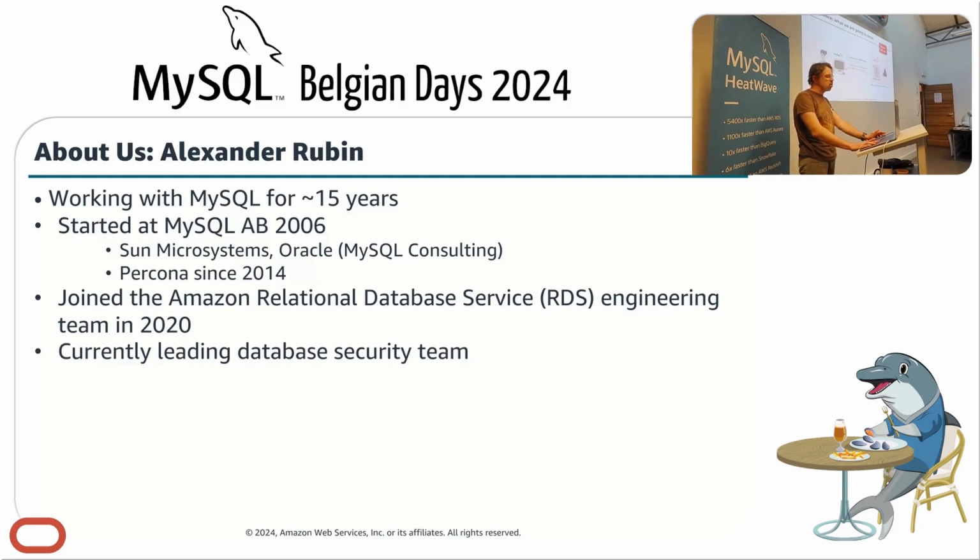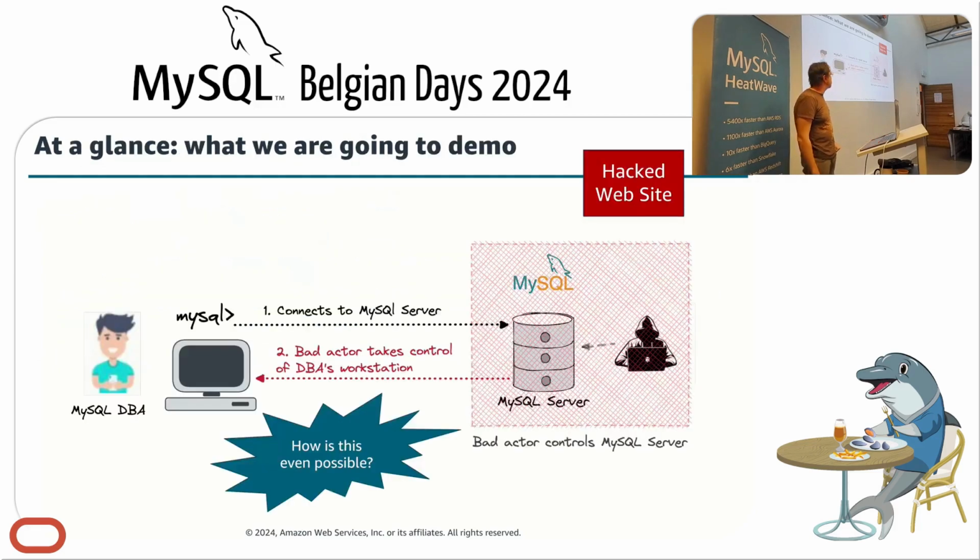So this is what I'm going to demo today. Imagine a MySQL server, and imagine someone controls that MySQL server. For example, you're running a website, you're running WordPress, and someone hacked your WordPress database.